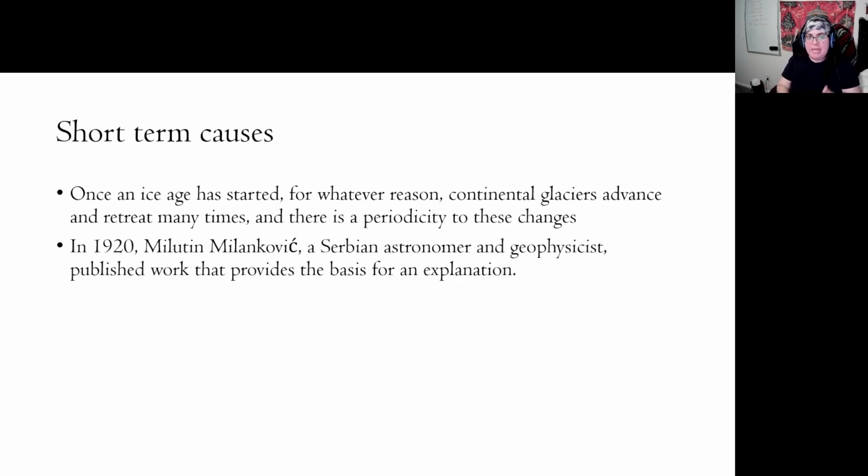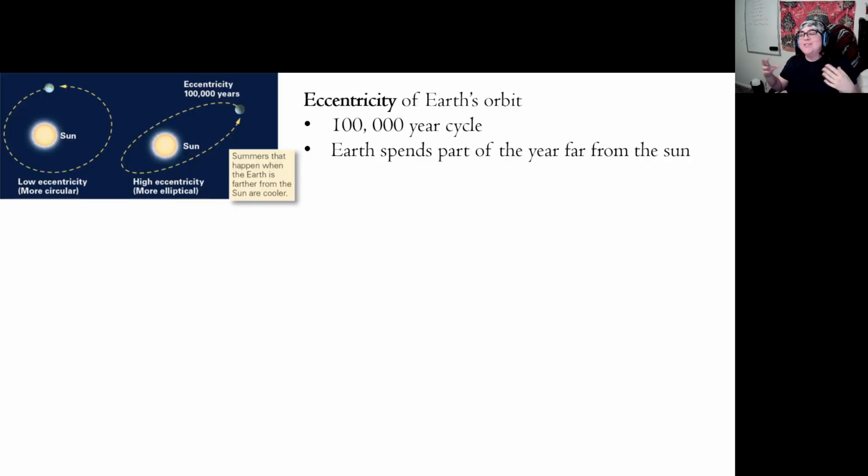In 1920, a Serbian astronomer and geophysicist, Milutin Milankovic, published work that provides the basis for an explanation. This is going to get a little bit complicated. No, it's fun. Okay, so Milankovic started studying these changes and ended up finding different cycles that correspond to orbital changes.